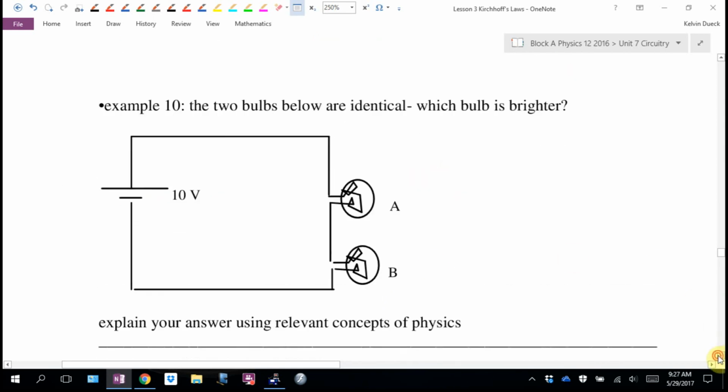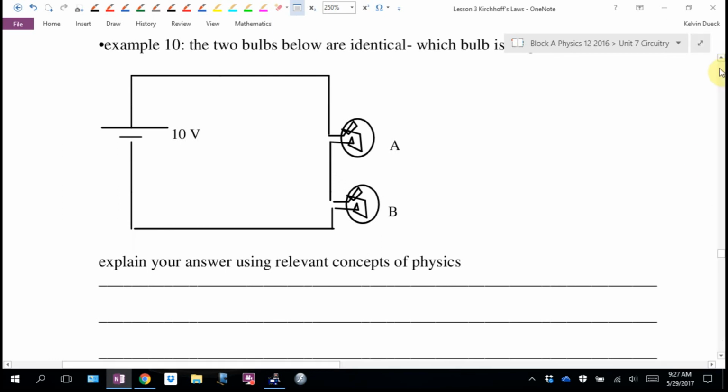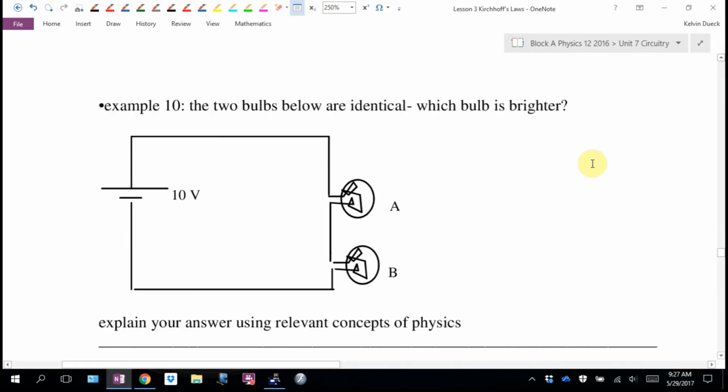What if I hook two identical bulbs up like this? Which bulb is brighter? Let's find out. R is the same for both because they're the identical bulbs. What can you tell me about the current going through each of these? What can you tell me about the voltage then going through each of these? If you have the same I and the same R, what does V equal?